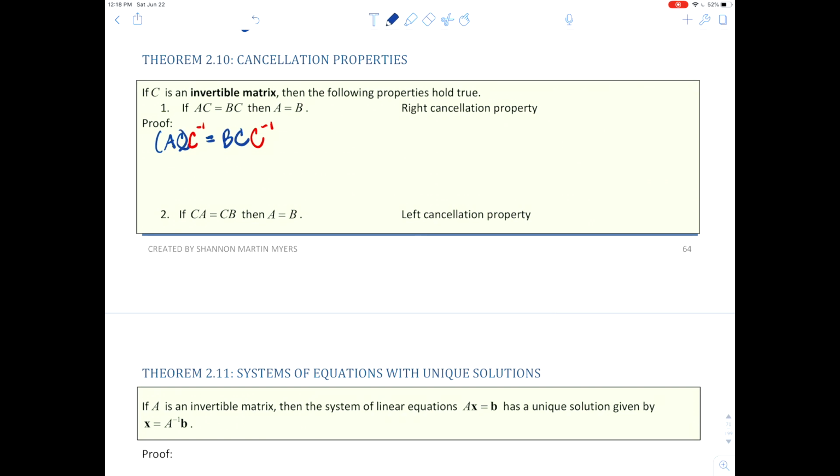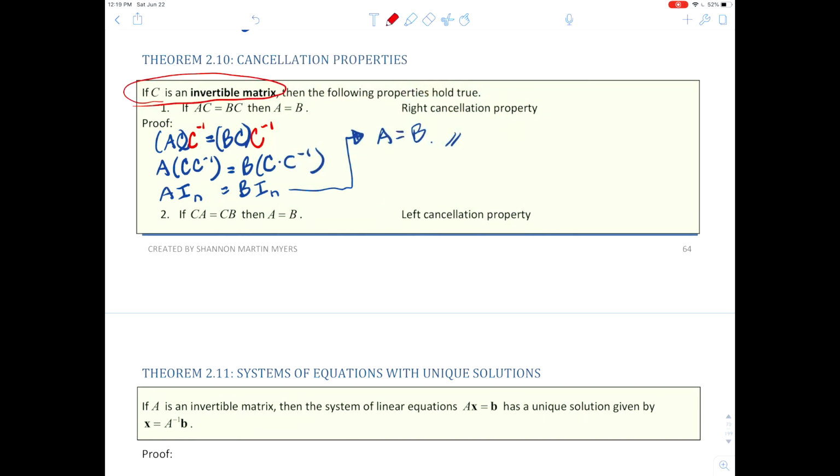We would have the grouping symbols, and then we could move those and we'd have A times C C inverse is equal to B times C C inverse, which would give us A times I_n is equal to B times I_n, which would give us that A is equal to B. Cool? And the reason we were able to do this is because C was invertible.